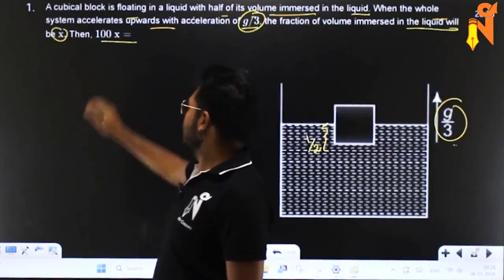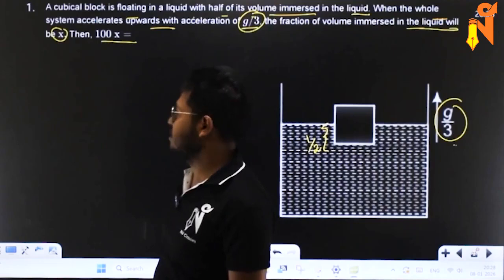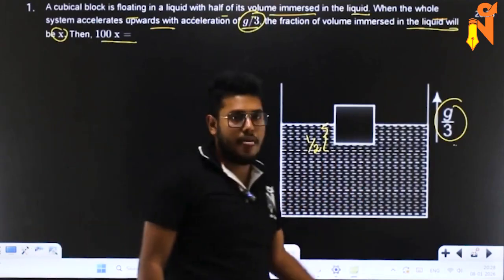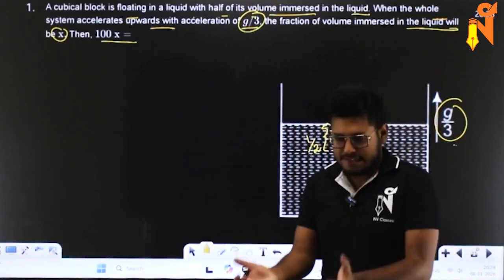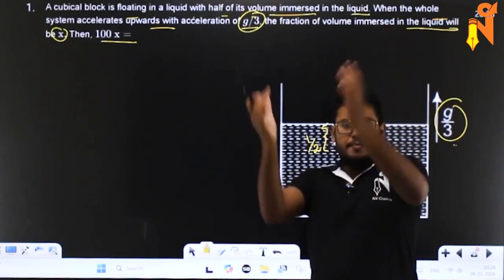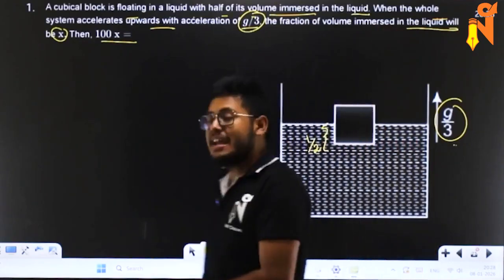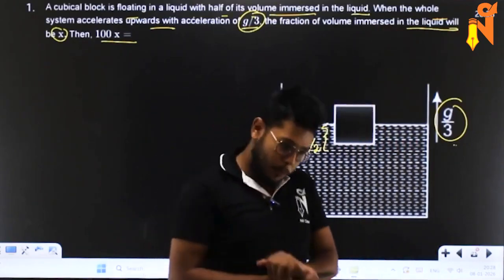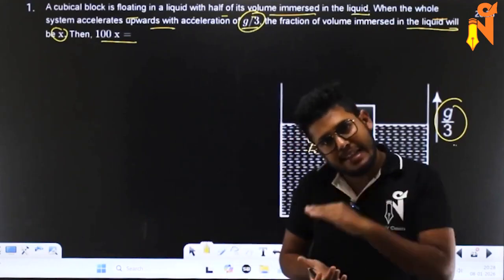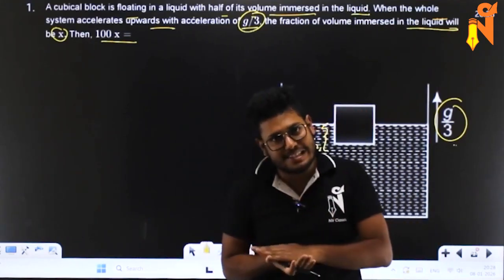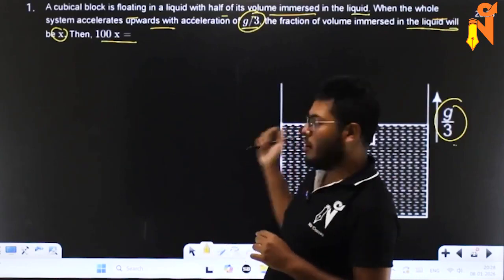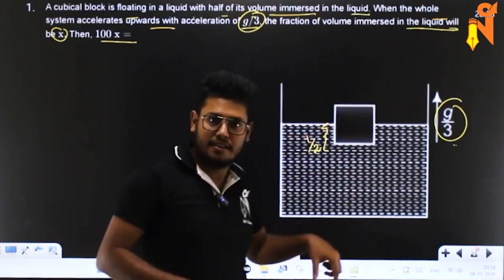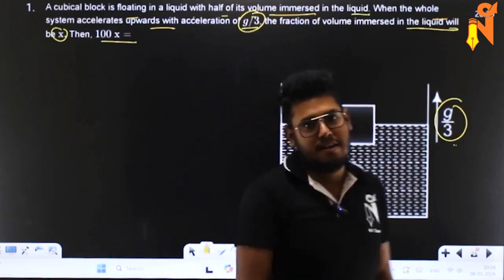Now, if you think of it physically, it is stationary, then suddenly it goes up with acceleration. These types of things are not tackled in JEE. Why? Because the very moment it goes from rest and starts accelerating, there will be some jerk and the body will actually start oscillating. So you are not talking about that system at all.